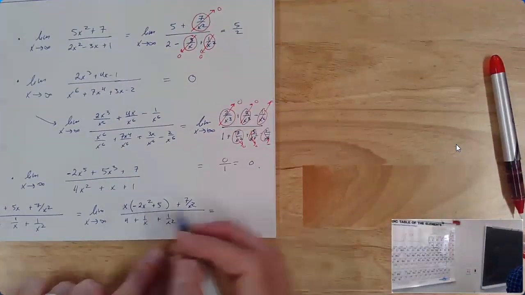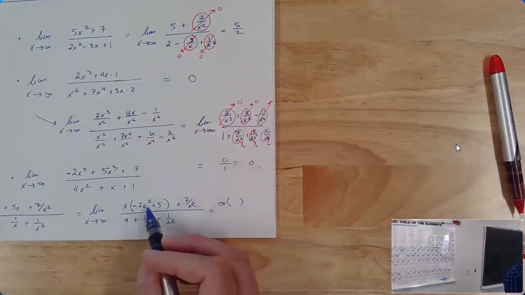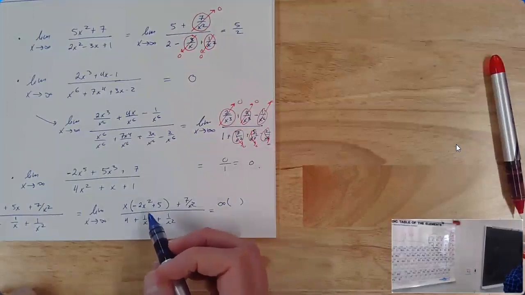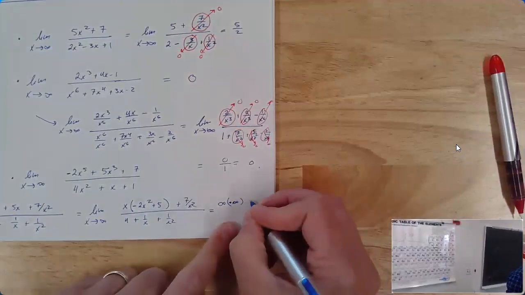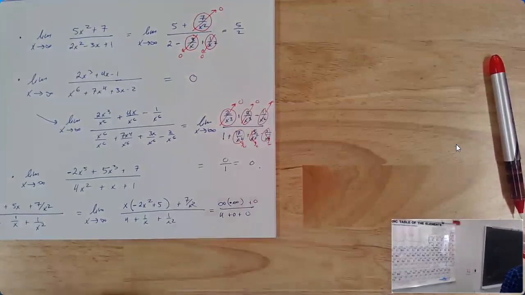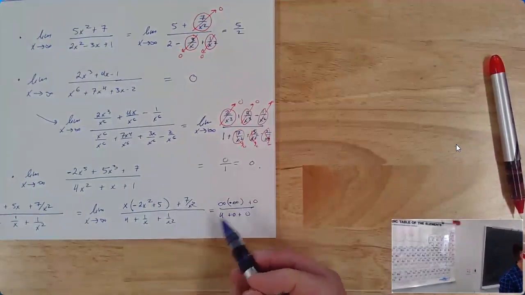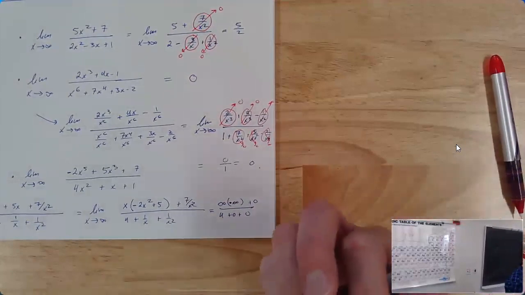So x is going to infinity, so I have infinity times infinity squared is still infinity, times negative 2 is negative infinity, plus 5 is still negative infinity. And then 7 over infinity is 0, over 4 plus 0 plus 0. So I have infinity times negative infinity, which is negative infinity, divided by positive 4, which is still negative infinity.